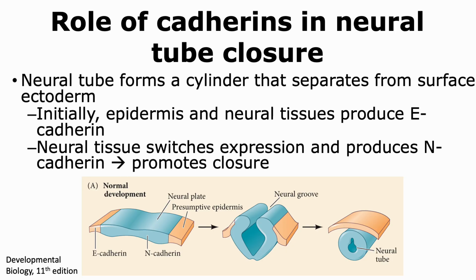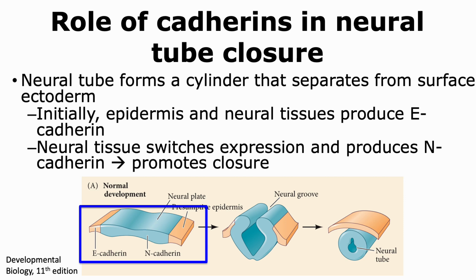However, as neurulation occurs, the neural tissue switches its expression and does not make E-cadherin anymore, but starts making N-cadherin. In the figure, we see that the neural plate cells are making N-cadherin, whereas the presumptive epidermis cells are making E-cadherin.